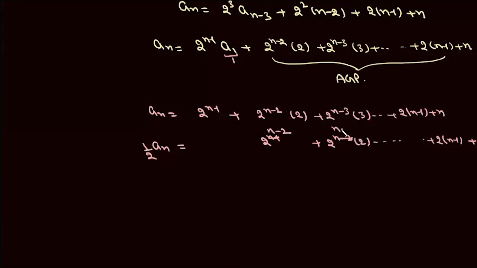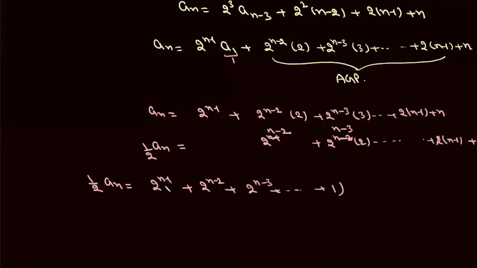Here will be 2 to the power of n minus 3. And this one will be simply n minus 1. Now if we subtract second from first, we can write 1 by 2 an will be 2 to the power of n minus 1. Now this is 2 to the power of n minus 2. This is 2 to the power of n minus 3.